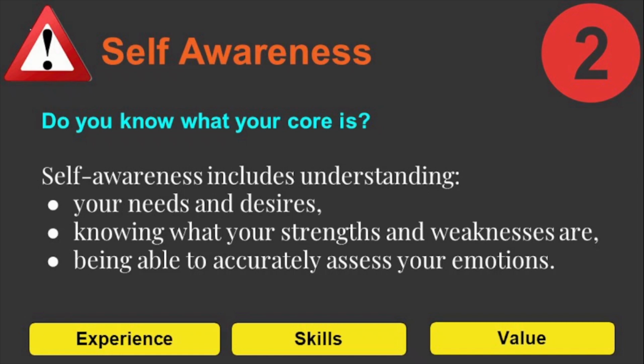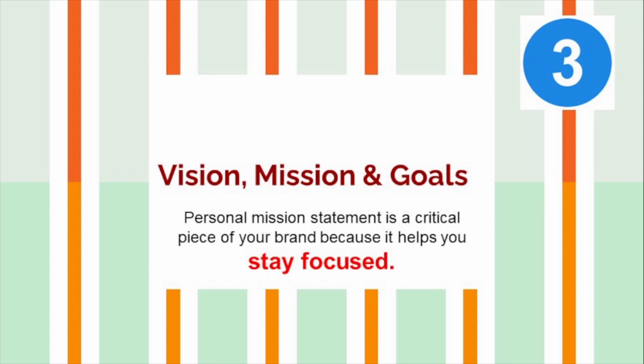Once we are done with the self awareness exercise, the next thing we have to be clear about, as the third layer of the personal branding pyramid, is creating a vision, mission, and goal statement for ourselves. Now, people have this perception that vision, mission, and goals are not for individuals, they are for big companies. No, it's not like that.